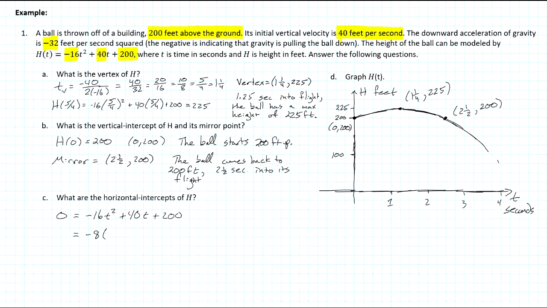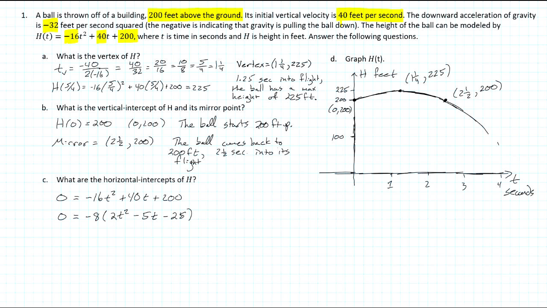I want to pull out that negative from the front. So -8 times 2t squared minus 5t, and then 8 goes into 200, divide it by 2 three times. It'll be 100, then 50, then 25. And it's negative because we factored out a negative.